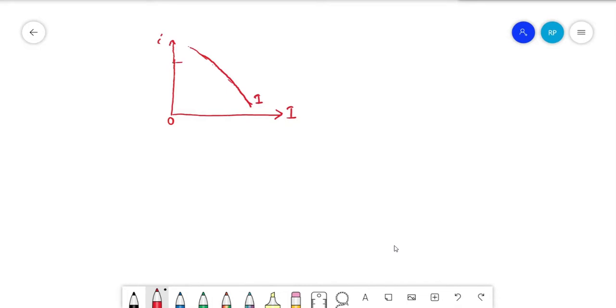So you already know that if the rate of interest is I1, then investment will be I1, and if the interest rate is I2, investment will be I2. We are already familiar with this relationship. Yes, interest rate and investment are inversely related.